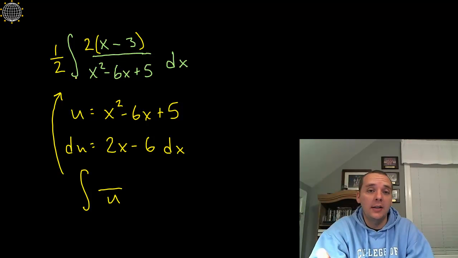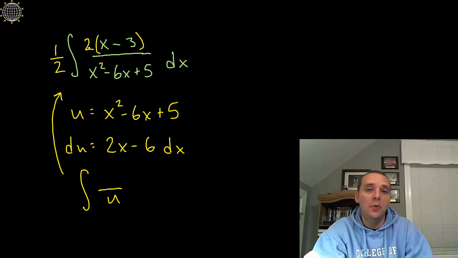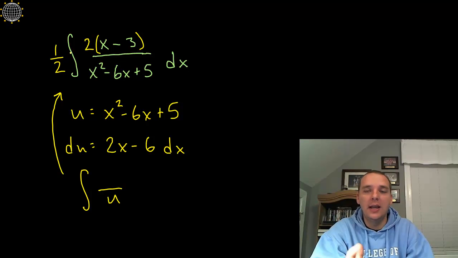And that's legal, because if you wanted to, you could pull the 2 outside, and the 2 and the 1/2 would cancel each other. So this is equivalent to the original integral, but the numerator now is 2x minus 6 if I distribute that quantity.